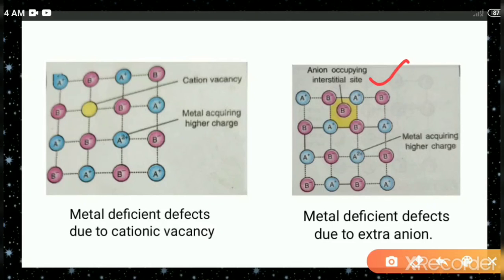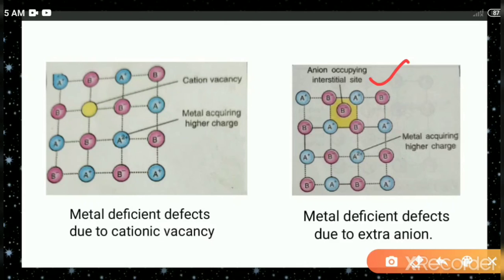In the case of an extra anion which may occupy the interstitial position, the extra negative charge is balanced by the oxidation of an equal number of cations to a higher oxidation state. It takes place on the adjacent metal ions as shown in the figure. This type of defect is called metal deficient defect due to extra anion.